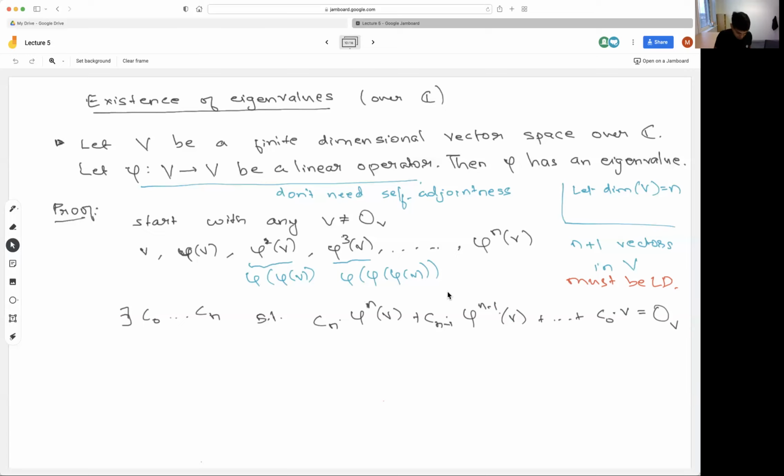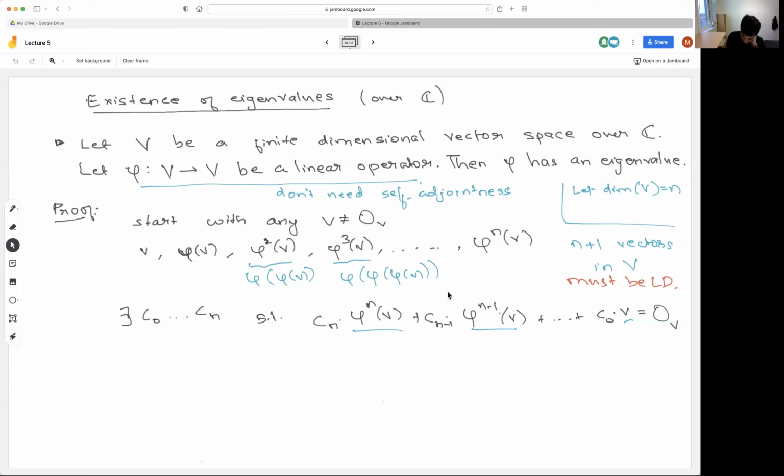Because I'm just multiplying these n plus 1 vectors with coefficients, and they can't all be linearly independent.